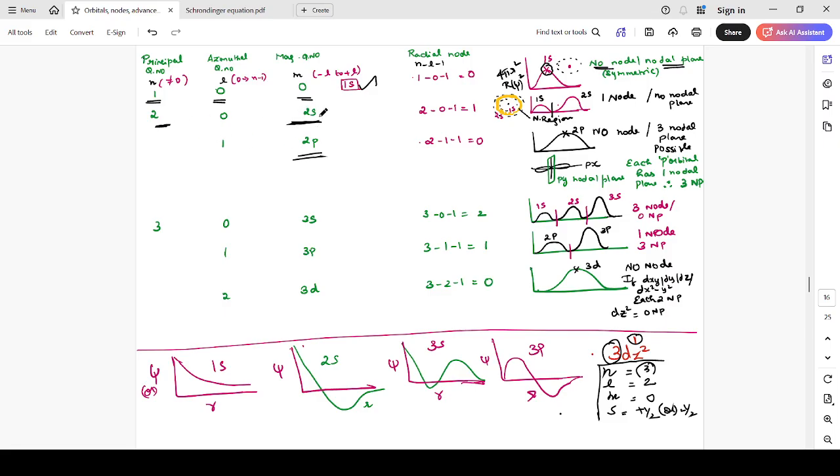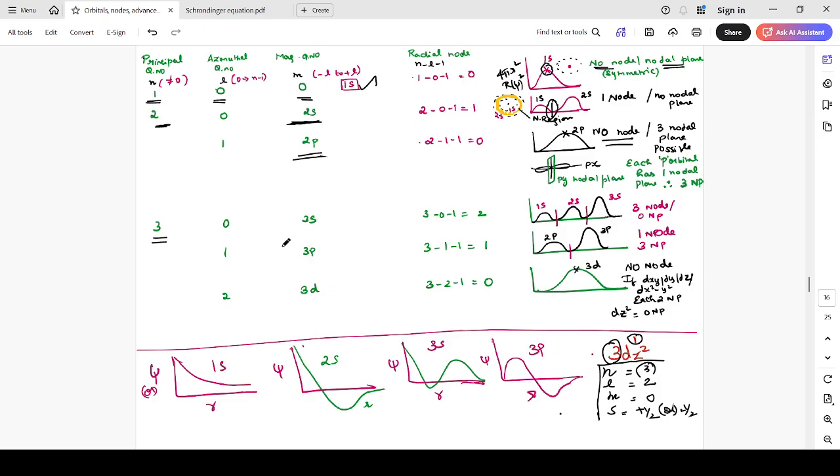For 2s, I have one node between 1s and 2s, correct or not? And in 2p, I have no node at all. Do you understand, Kavish? Yes.